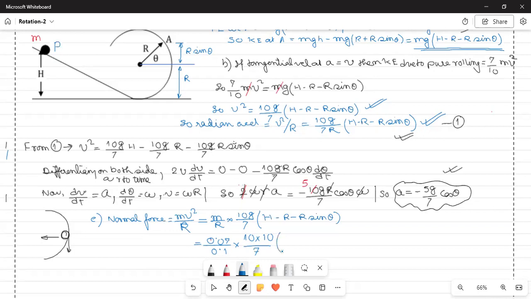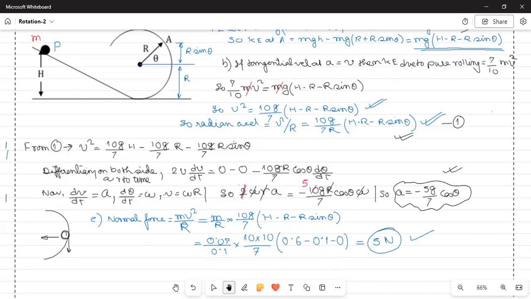H is given 60 centimeters, so 0.6 minus R which is 0.1, and sine theta is sine 0 equal to 0. If you calculate this, you will find its value is 5 Newton. So this is the normal force acting on the body.